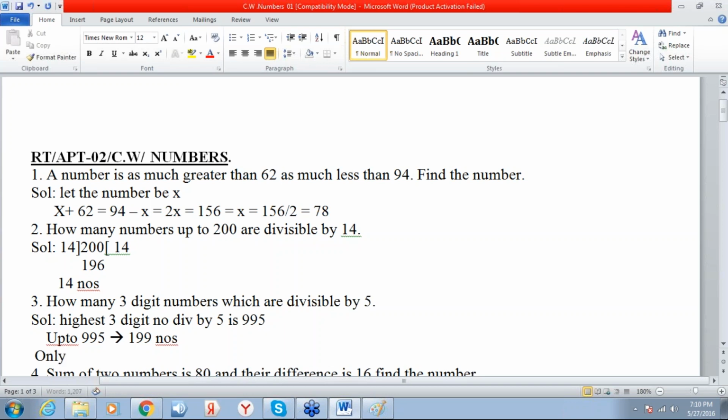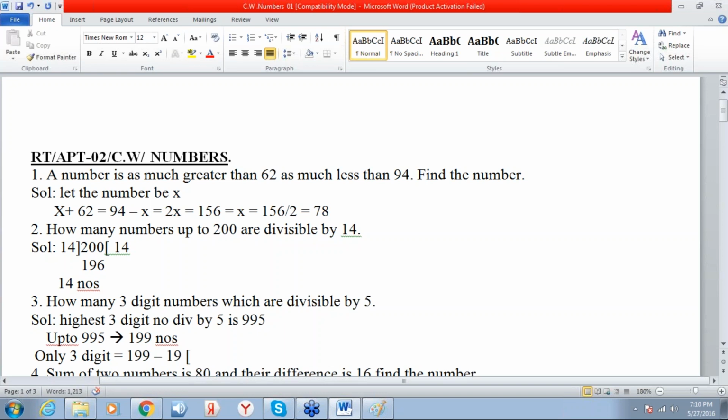Up to 99 there are one and two-digit numbers. 95 divided by 5 gives 19. So up to 95, 19 numbers are divisible, which are one-digit and two-digit numbers.